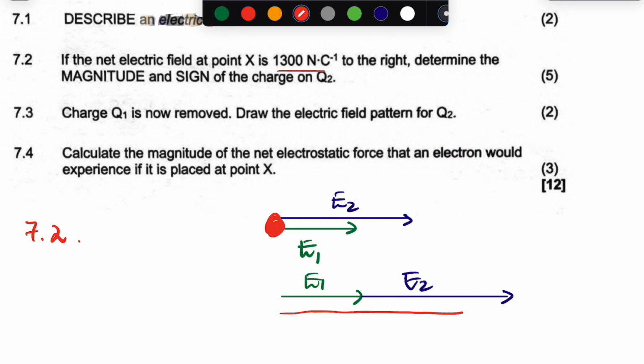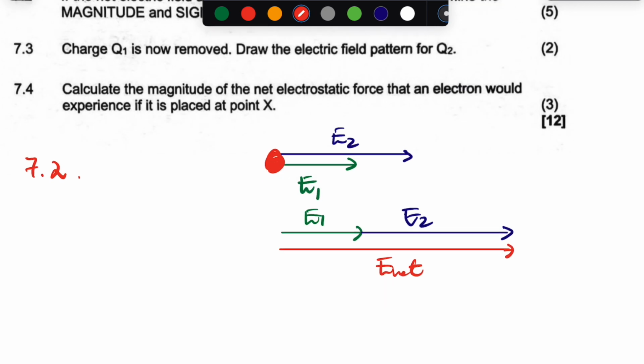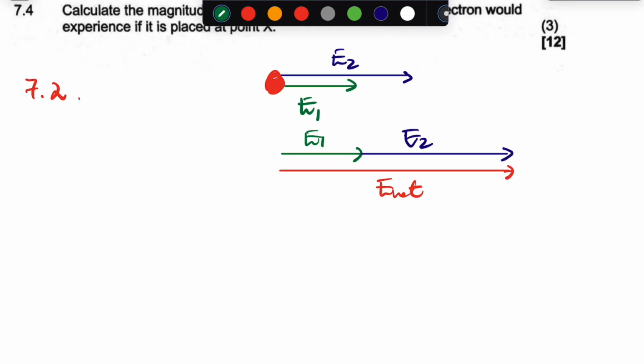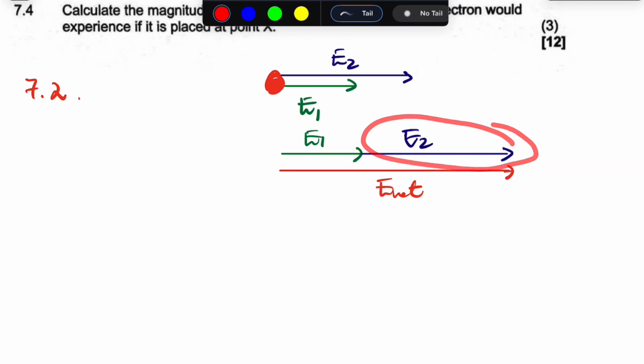The net starts from the tail of the first vector to the head of the last vector. This is E net, the one that we're given, 1300. And you can also get the direction of that electric field. If you try to draw this, the direction is going to tell you.